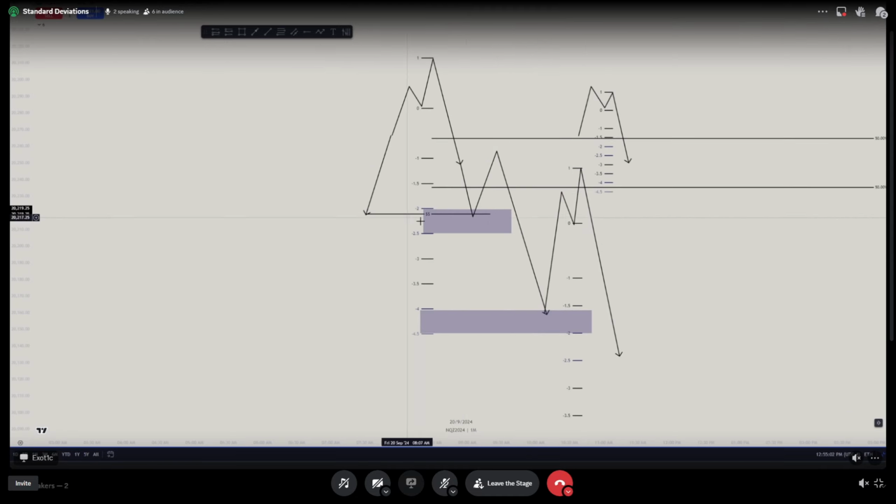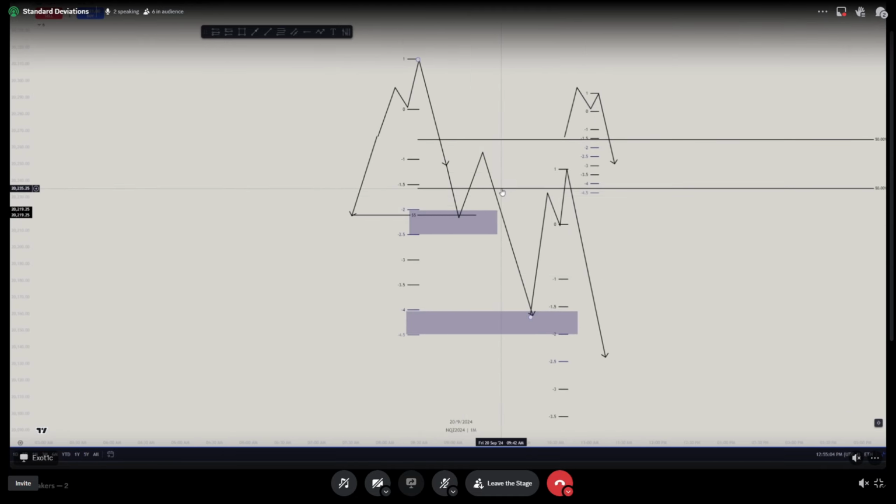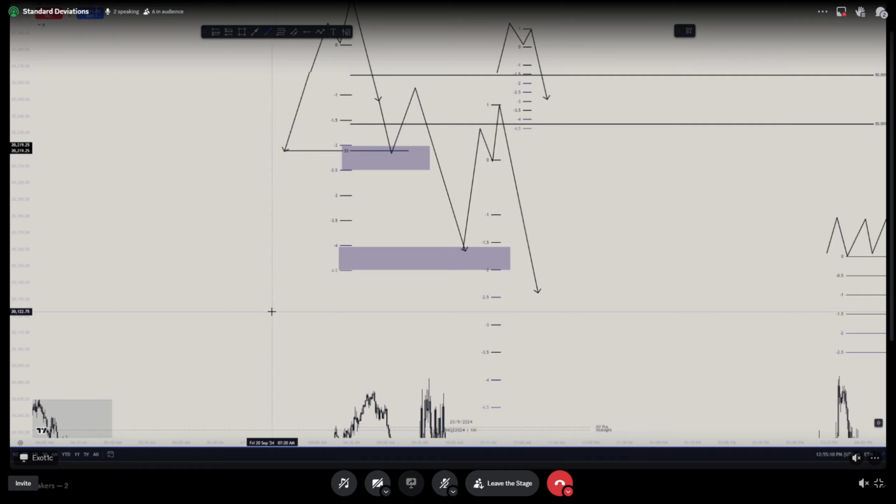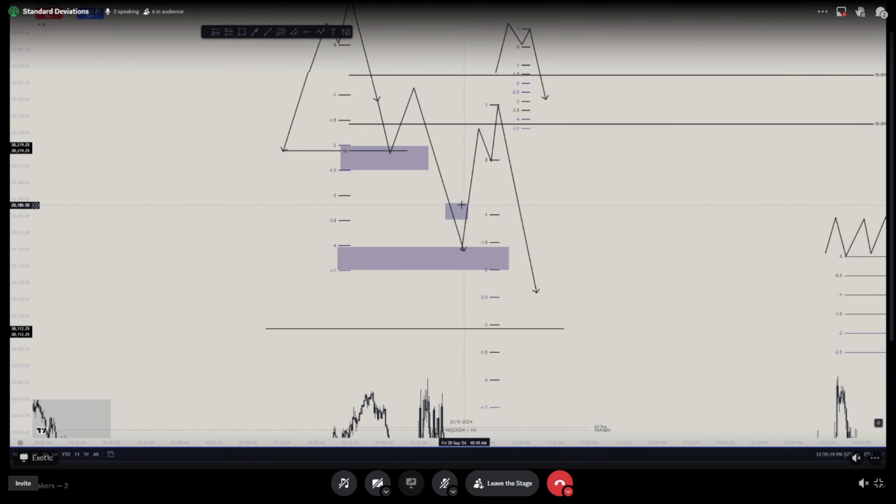So if you are doing your standard deviations, and let's say you're still short biased here, price has already come into this 4 standard deviation. However, you believe the drawn liquidity is down here, right? Instead of getting in right here, once you know that we've hit that 4th standard deviation, you want to see how far price can retrace up.